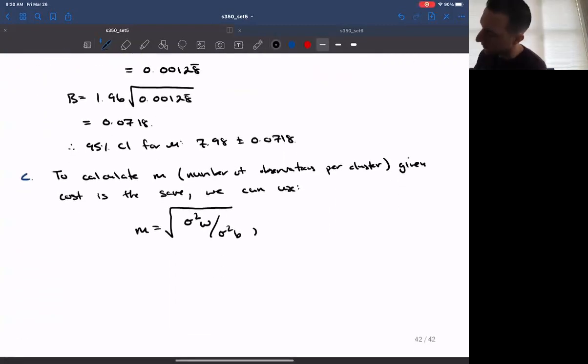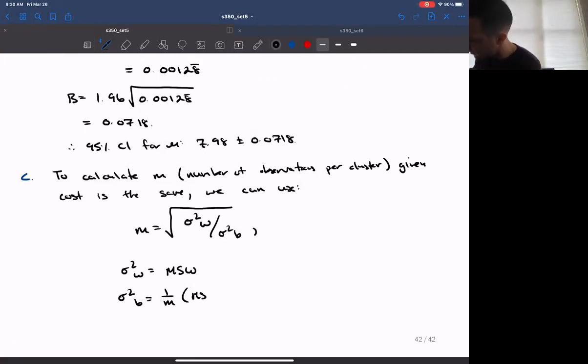Okay, and here we have sigma squared w is equal to MSW, and sigma squared b is equal to 1 over m times MSB minus MSW.